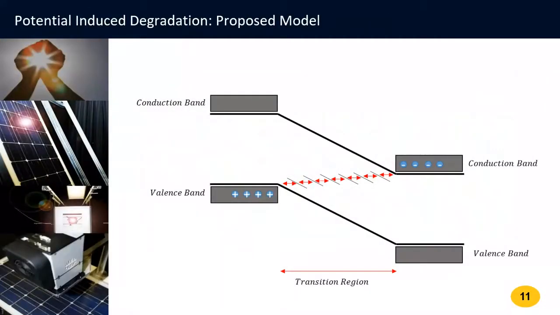Okay, so what happens when the sodium ions move into the material? This is a proposed model by Breitenstein. He has spoken about it with regards to other such defects, not just PID.